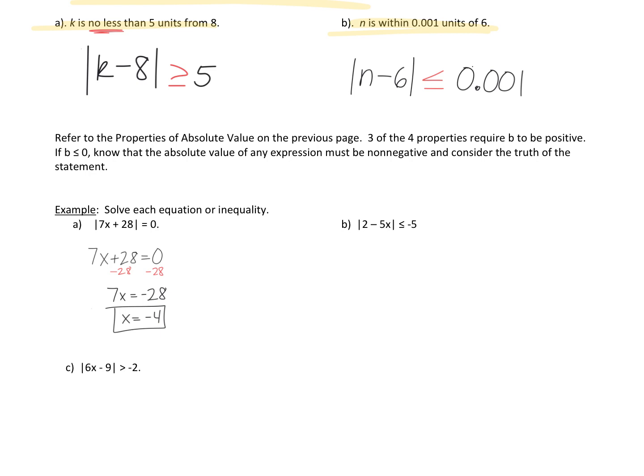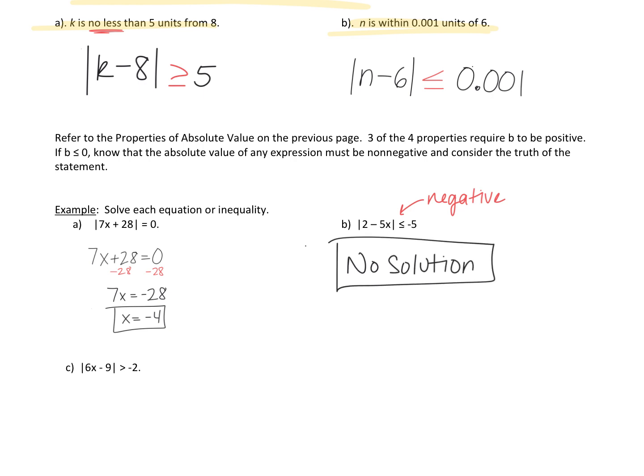Heck no. And for that reason, since we know that a distance must be positive, you would say no solutions. Remember, when you put your car in reverse, your odometer does not go backwards. Distance is always positive. So if it says an absolute value is negative, then you should say right away, no solutions. But that's because it's less than or equal to negative.